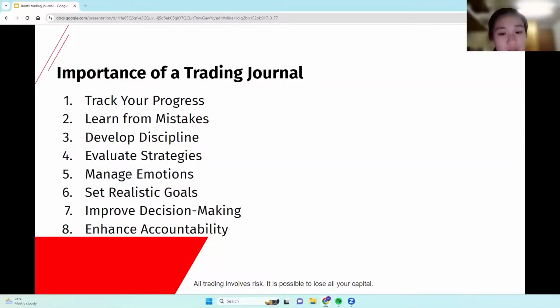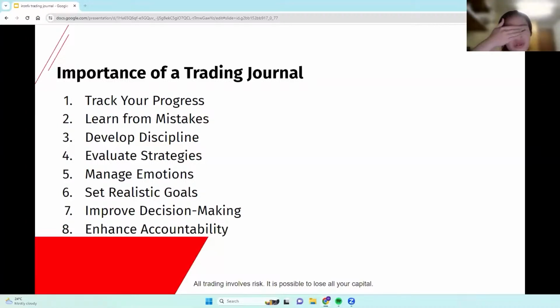Manage emotions. So emotions can significantly impact trading decisions. So as I mentioned earlier, when a trade doesn't go according to your plan, having a trading journal basically helps you to manage those impulsive emotions by providing a structured way to review your trades in an objective manner so that it reduces the influence of fear or greed on your trading decisions.